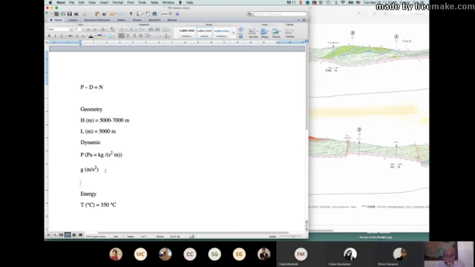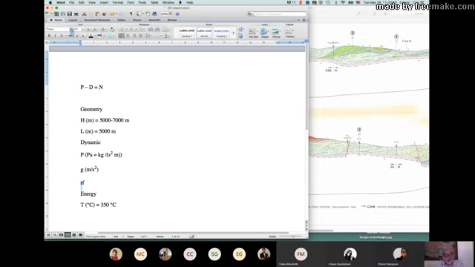And therefore, you will have the density. Density, I would like to write rho. Let's write density of the fluid.